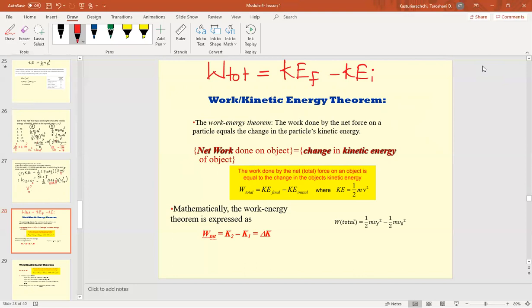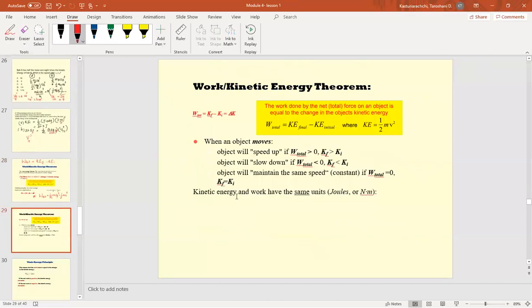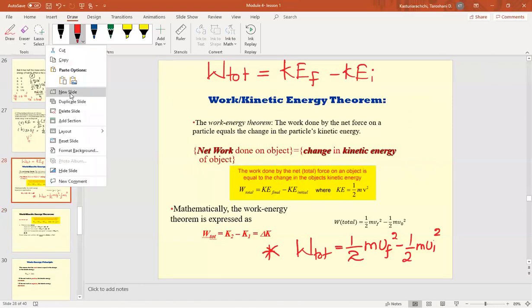I could write, if I want, half mv squared total. This is the same thing I'm writing: half m vf squared, that is the final, minus half m vi squared. So this is really important because if we have velocity information, you could directly find out the total work done. Okay, and this is the same thing, but let's look at here. And let me introduce a new slide.